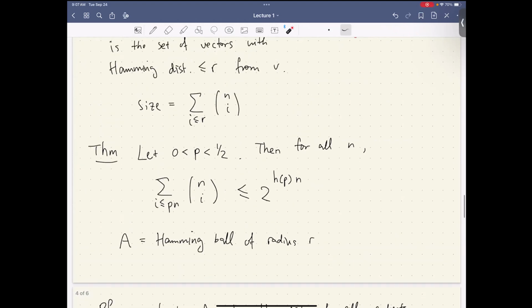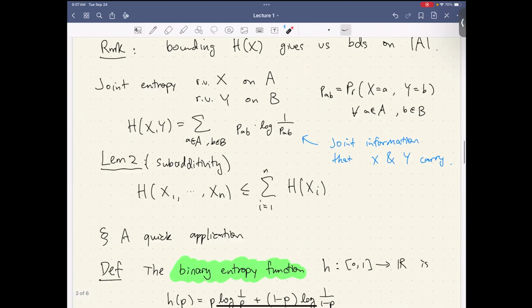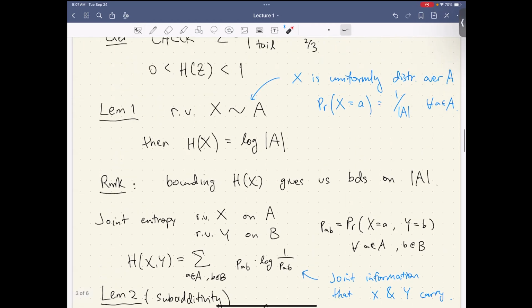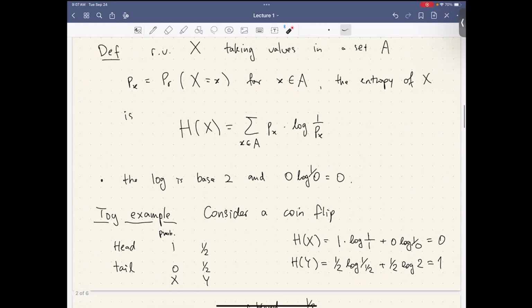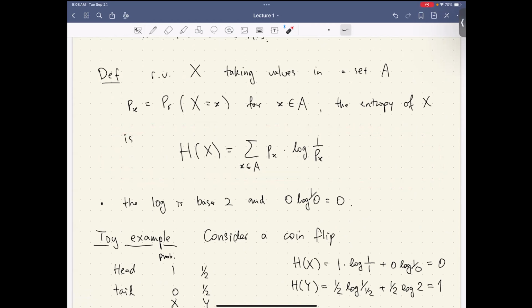Now, let's try to forget about this formula, this definition of entropy, and study entropy from an abstract point of view using axioms, the axiomatic approach, which I think is easier because all we need to do is remember a set of axioms, and then we can derive all these properties using them.